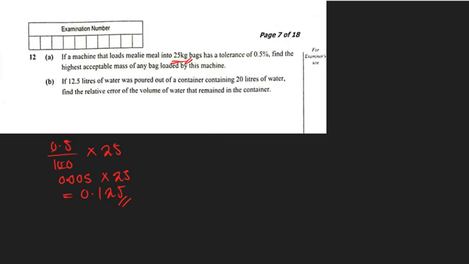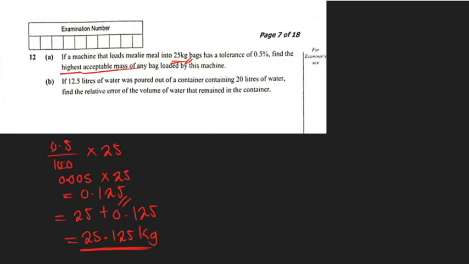That's the highest acceptable mass. If they said lowest, this same value we could have subtracted from 25. So your highest acceptable mass is going to equal this same 25 plus 0.125. So you're going to get 25.125 kg.